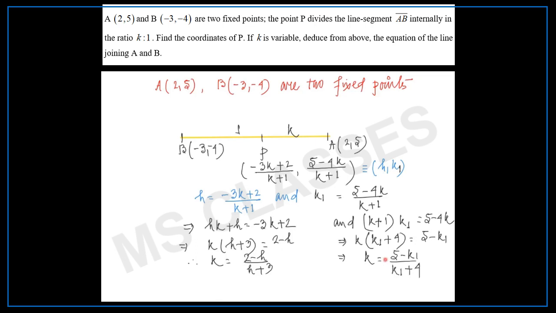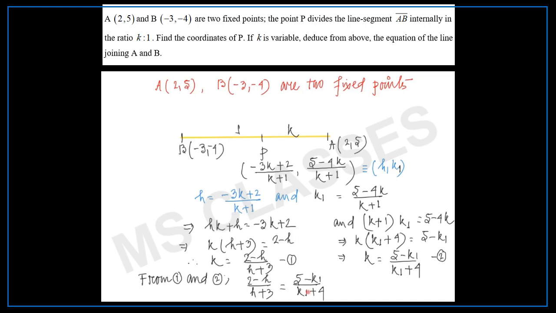Now we can equate these two, because both are k. We have to eliminate k to get the algebraic relation between h and k1. So we mark this as equation 1 and this as equation 2. From 1 and 2, we can say (2 - h) by (h + 3) equals (5 - k1) by (k1 + 4).